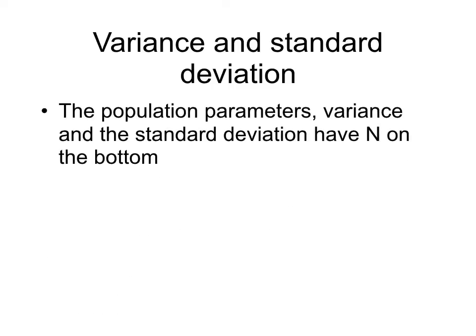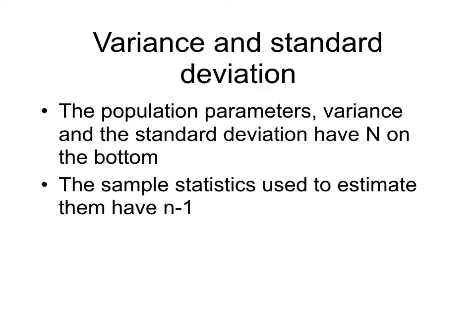The population parameters, variance and standard deviation, have big N, the total population, on the bottom. That's their denominator. The sample statistics used to estimate those parameters have n minus 1. So population parameter, the two p's go together; sample statistic, the two s's go together.